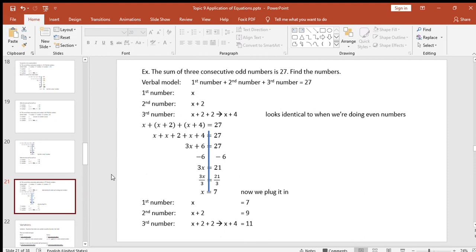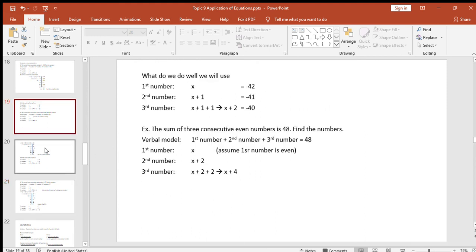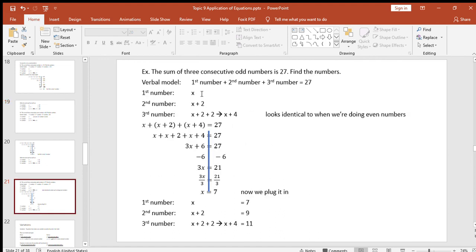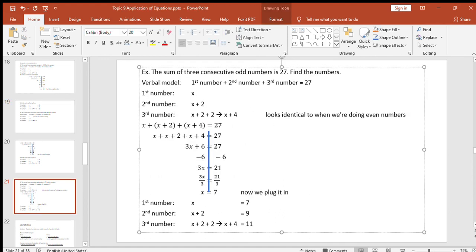And our last one for this video is the sum of three consecutive odd numbers. So again, our sum is 27. The verbal model, and our first number, second number, and third number will look identical to our even number model, because this time we're assuming that x, our first number, is an odd number.